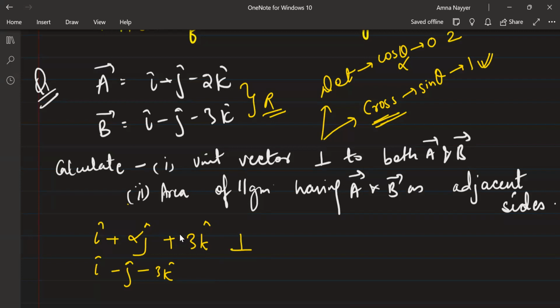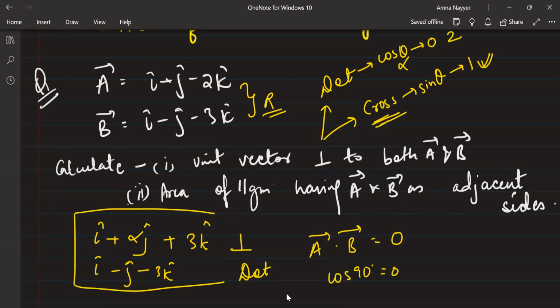I have two vectors. We take the dot product A dot B. It will be 0 because cos 90 is 0. So what should we prefer in such a case?